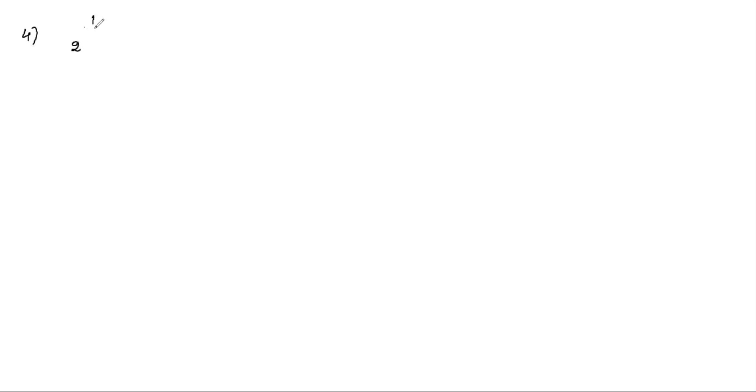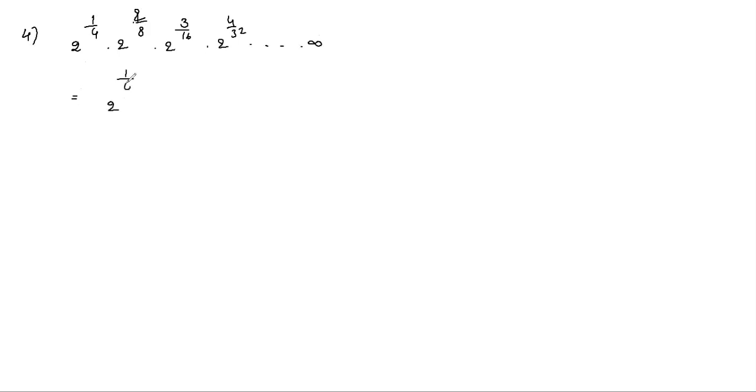Next problem: 2 power 1 by 4, 2 power 2 by 8, 2 power 3 by 16, 2 power 4 by 32, and so on up to infinite terms. The product bases are equal, so powers we have to add.